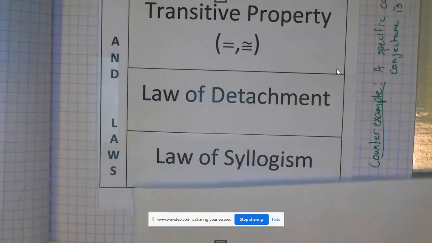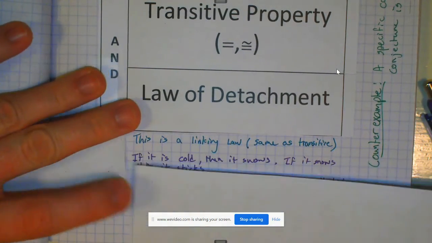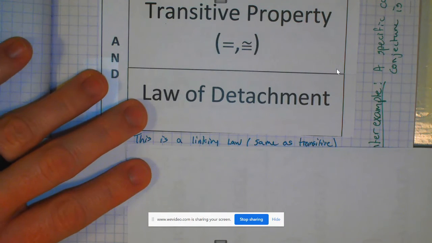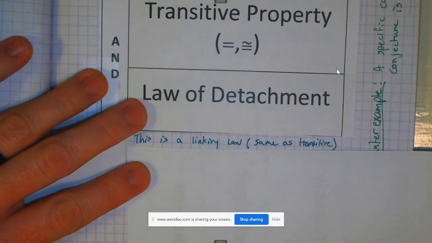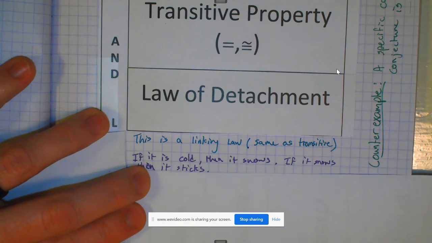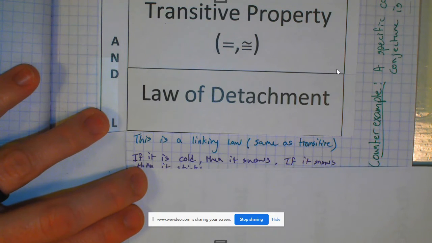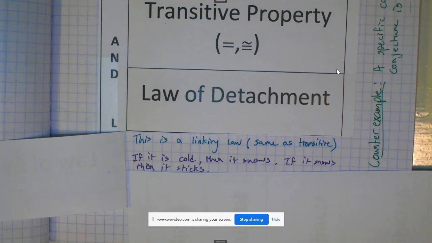Okay? And law of syllogism is the transitive property. This is a linking law, same as transitive. Again, we look at it more as if it were sentences. So if it's cold, then it snows.